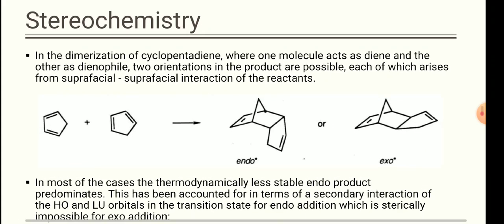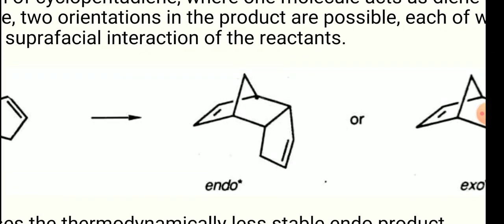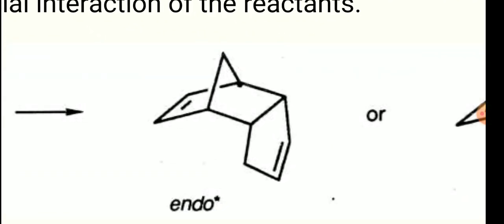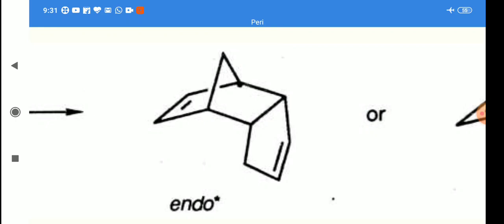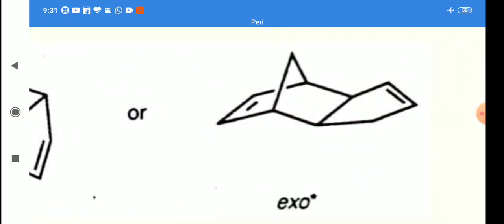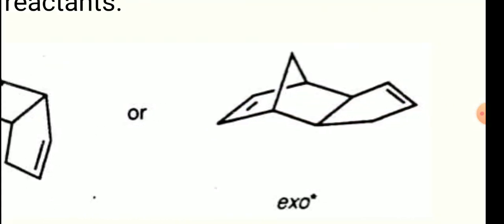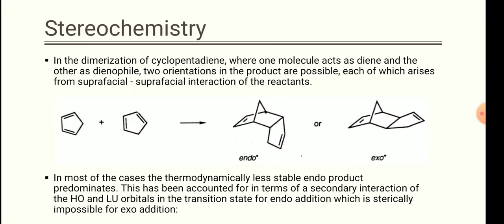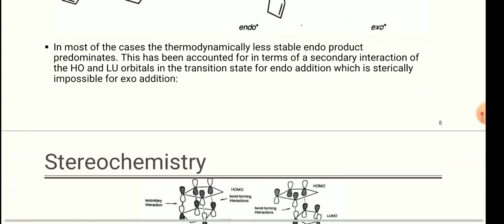Here if you look at the structure, this five-membered ring, which is down, is very close to this double bond, so that's why it is called endo, and if it is outward, then it is called exo product. You just remember it.